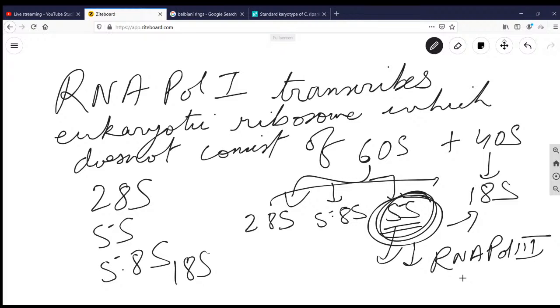That is again the reason for this question's answer being 5S rRNA. That's why, during translation, it binds here and precludes this. So this is what got skipped. 5S rRNA is coded by RNA polymerase 3. Always remember, that's why it gets precluded.